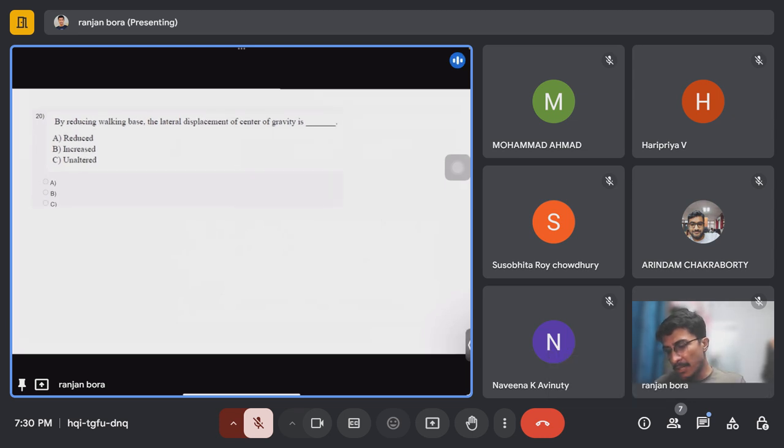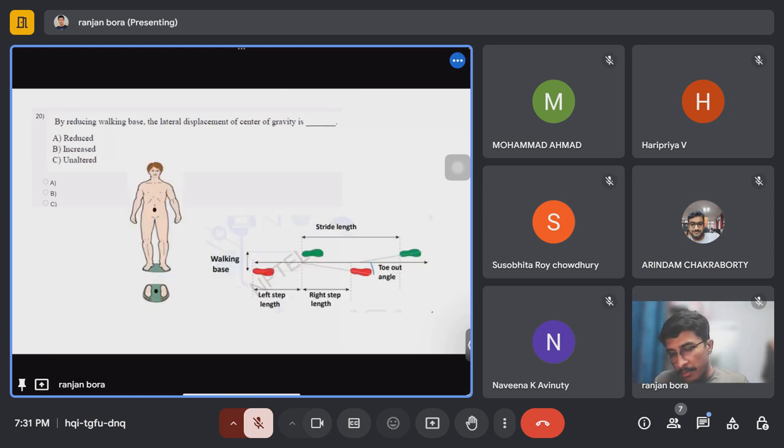By reducing the walking base, the lateral displacement of the center of gravity is reduced.